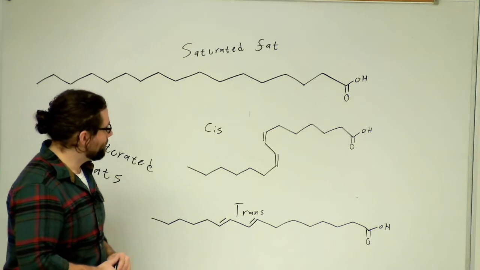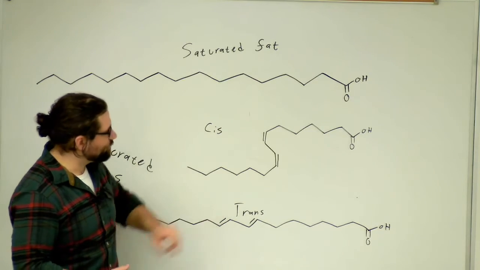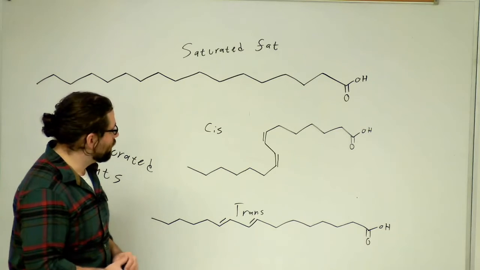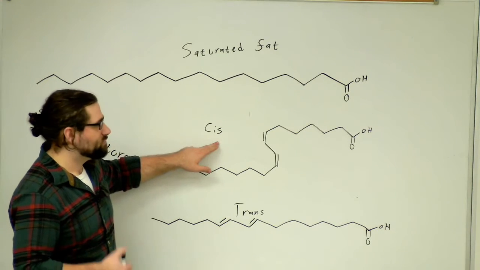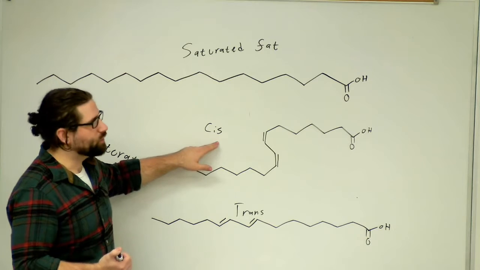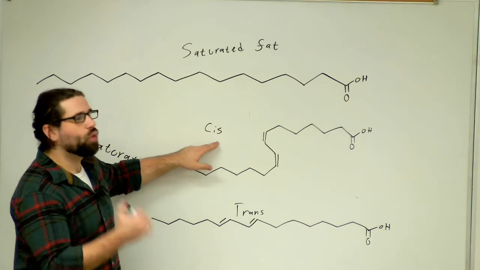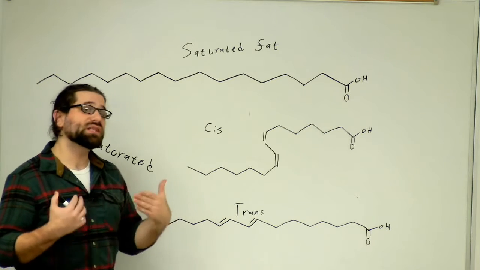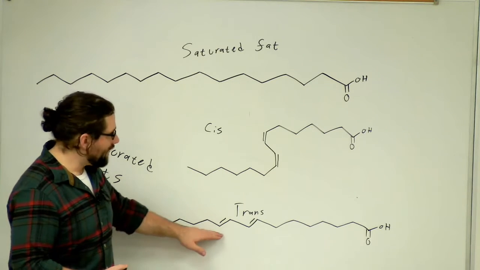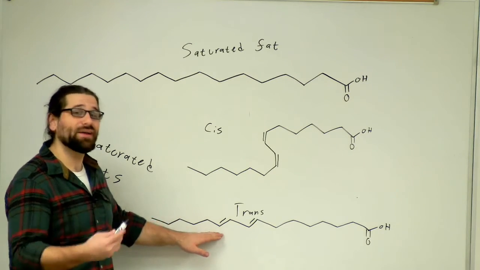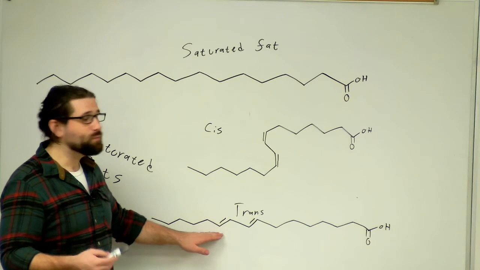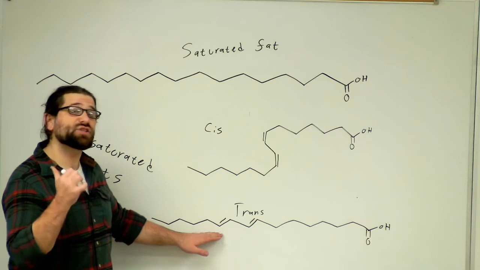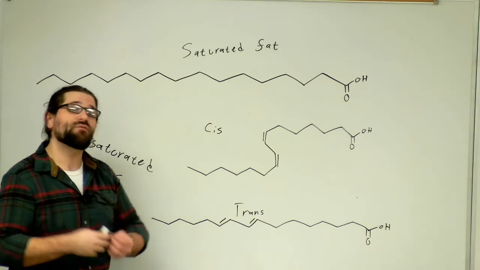However, with my cis and trans fats, there's a subtle difference here. Remember, these cis molecules have a lower melting point, and so they're more likely to be a liquid. Trans fats have a higher melting point. They'll be more likely to be a solid, especially at the temperature of our body.